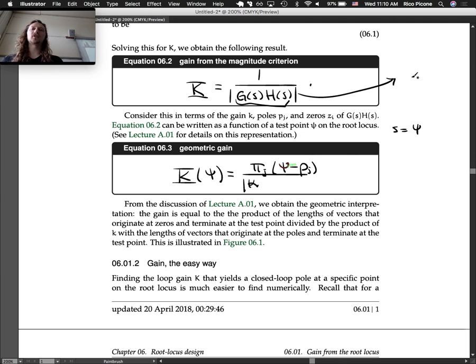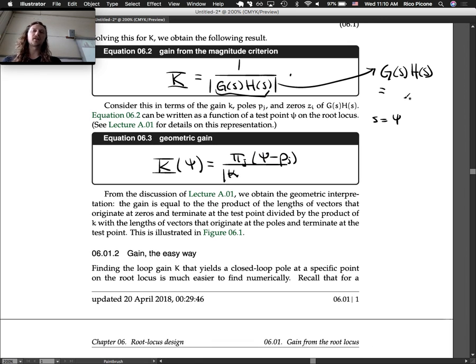So GH is, of course, composed of a bunch of poles and zeros, right? I'll just do an example here. Maybe 3 times S plus 1, and then S plus 2, and then S plus 4 or something. The poles and zeros describe all of this transfer function with the exception of 3, that little constant out there.